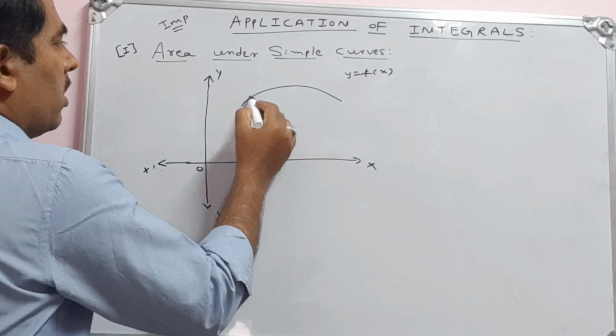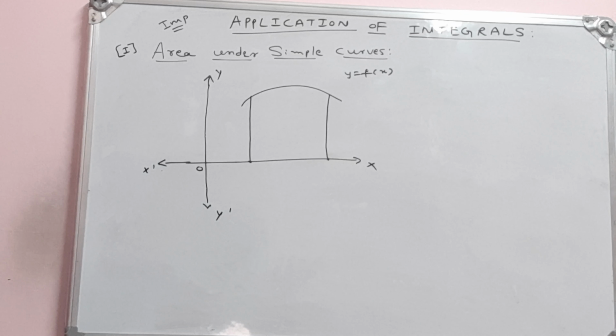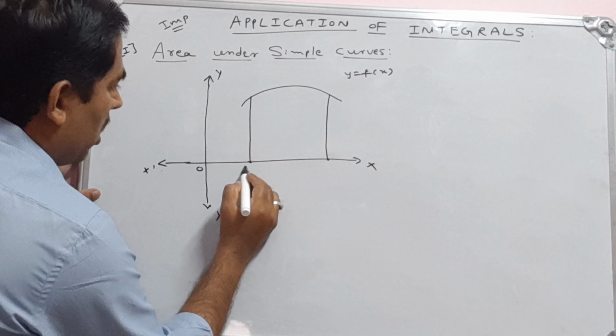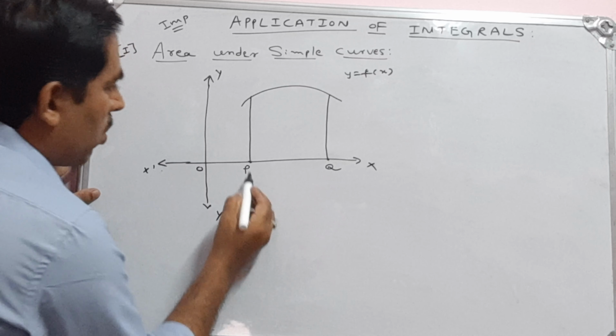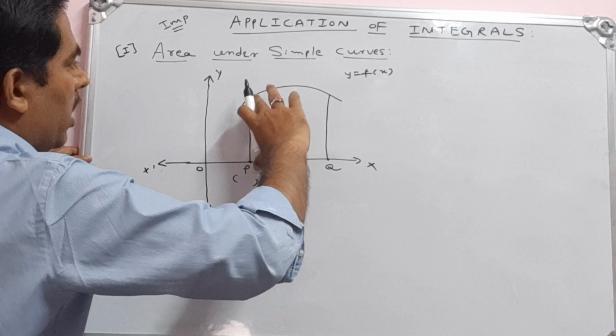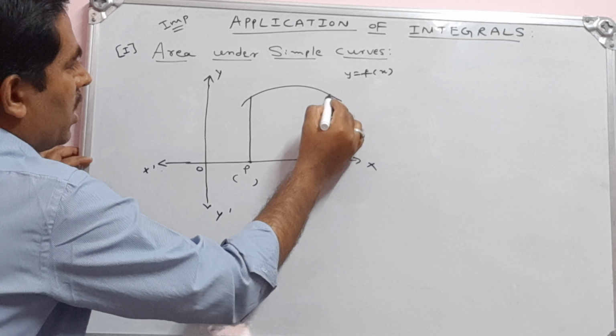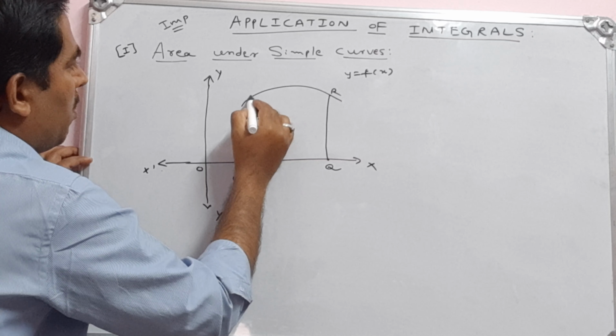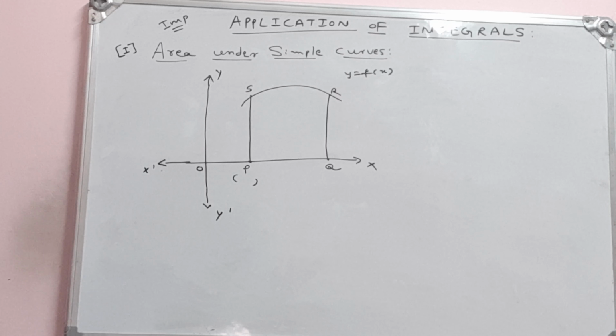They meet the x-axis at these points, one point on the x-axis and another point on the x-axis. Let us mark those points as P and Q. Let us consider this point as R and this point as S.